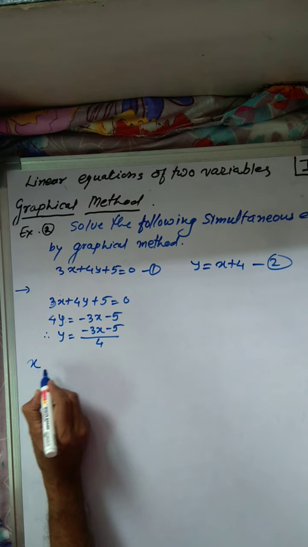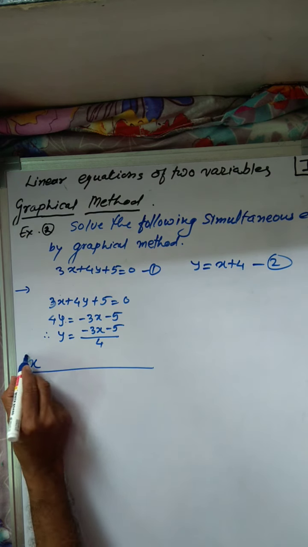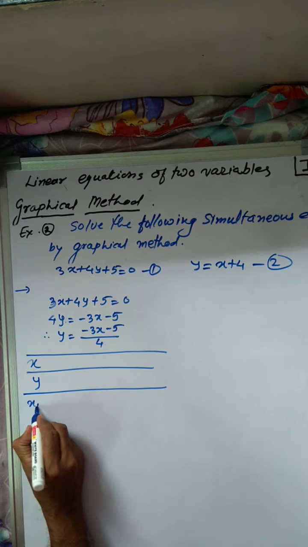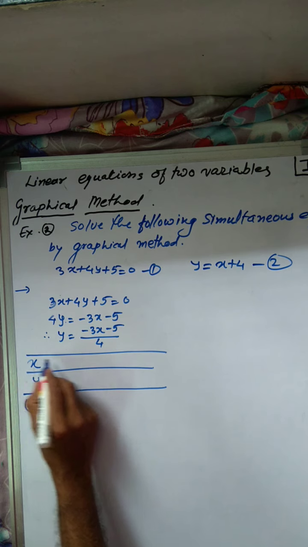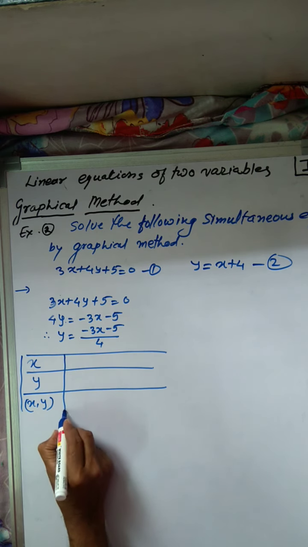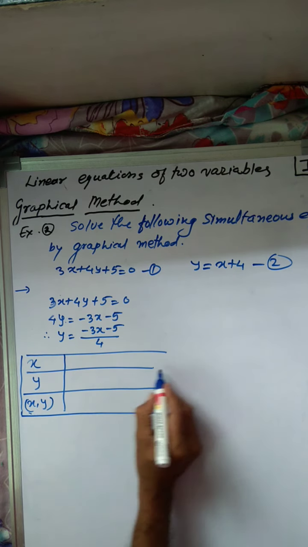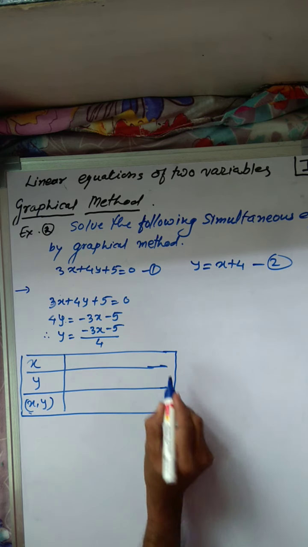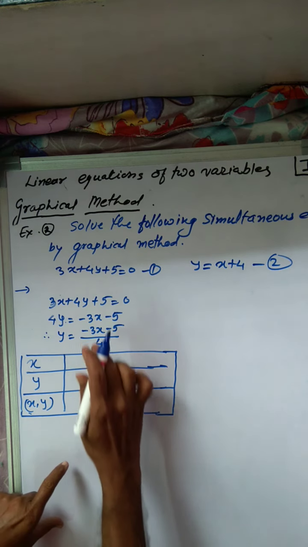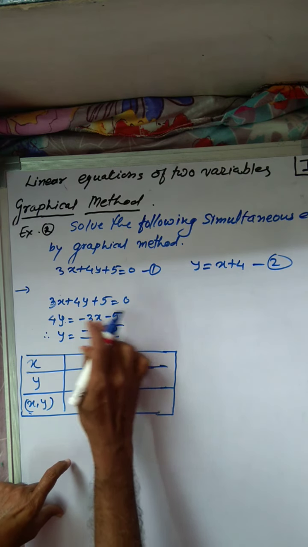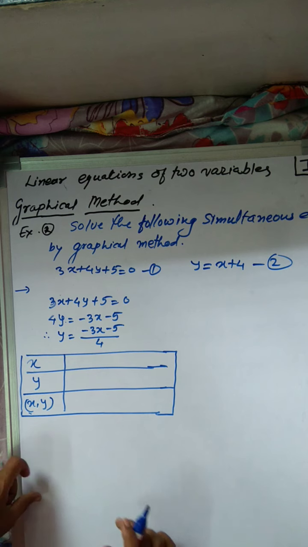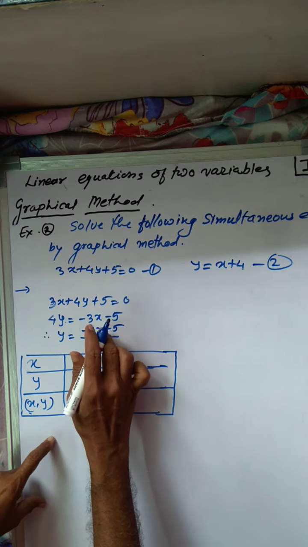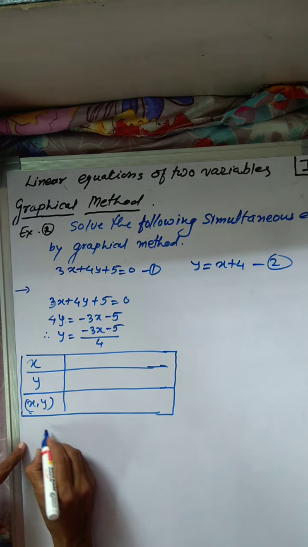Now we make a table, x, y and xy. Here, we choose the values of x such that we get rational integers. Suppose we take x is equal to 1.